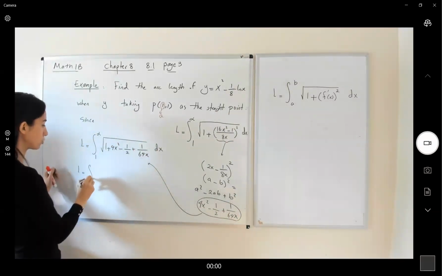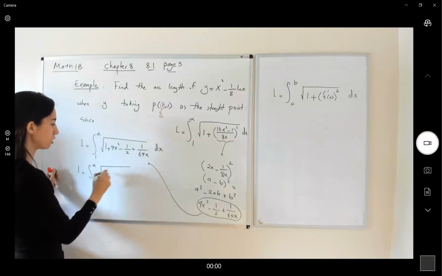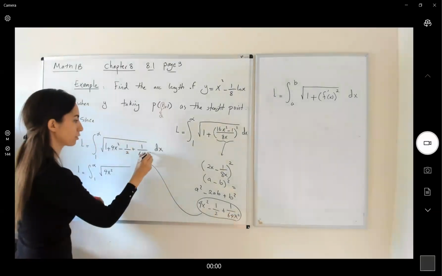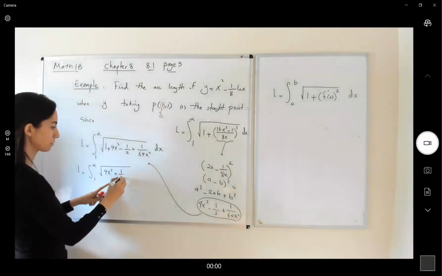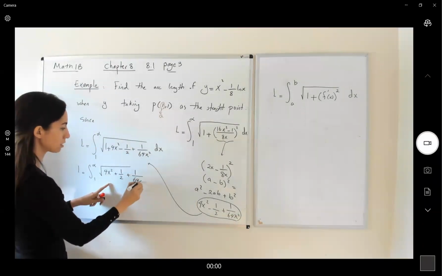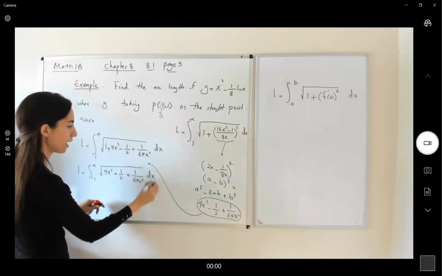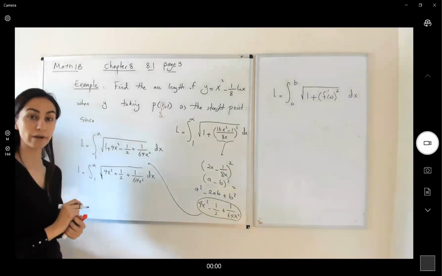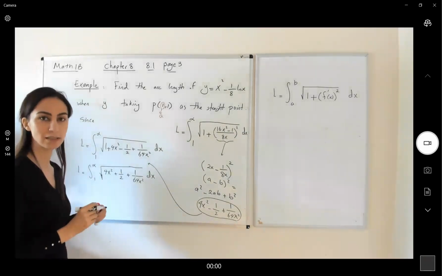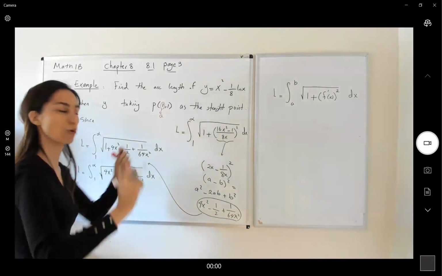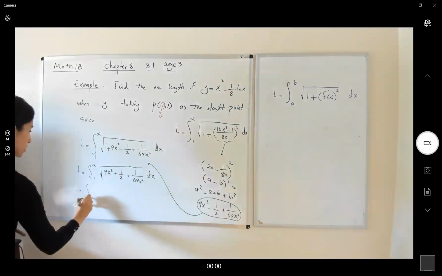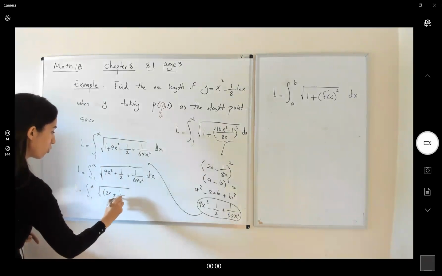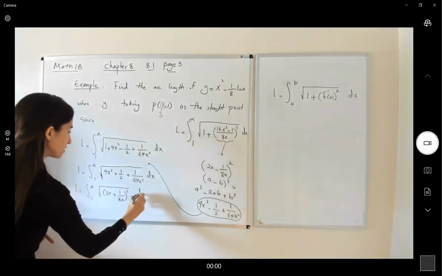So L is equal to the integral from 1 to alpha of the square root of 4x squared plus a half plus 1 over 64x squared, dx. There you go. Take a look at this expression inside the square root. This is equal to 2x plus 1 over 8x squared. So my L is equal to the integral from 1 to alpha of the square root of (2x plus 1 over 8x) squared, dx.